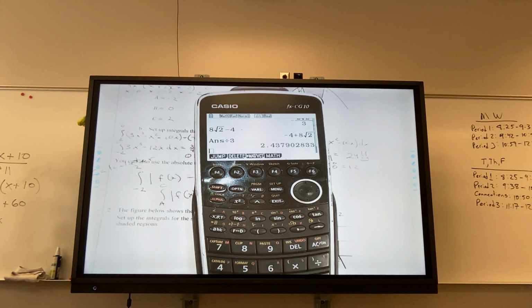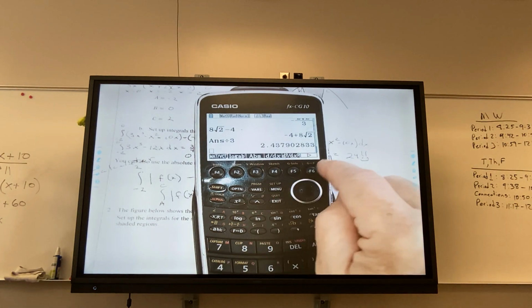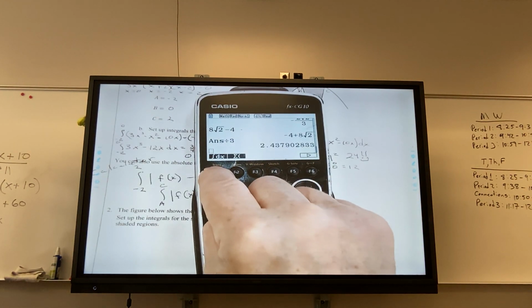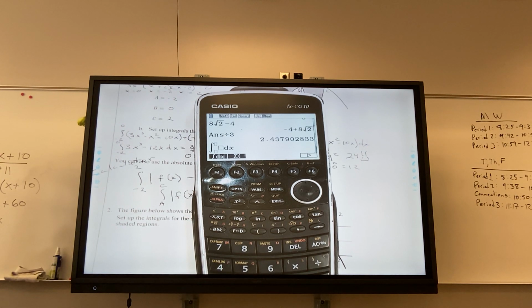TI people, it's Math 9, correct? Casio people, it's in your options, or right here I have it in math. And so I'm going to take the integral, and TI people, I think it's math number to get to absolute value, am I right?